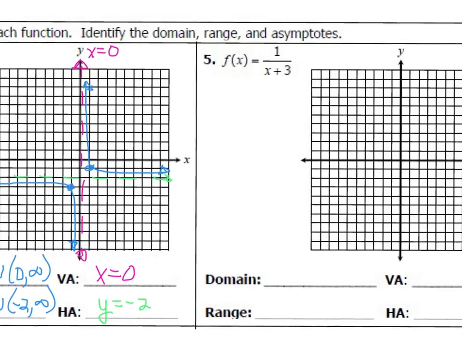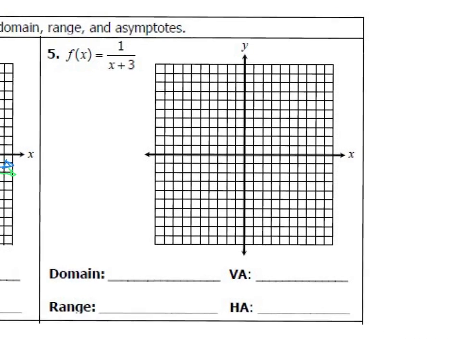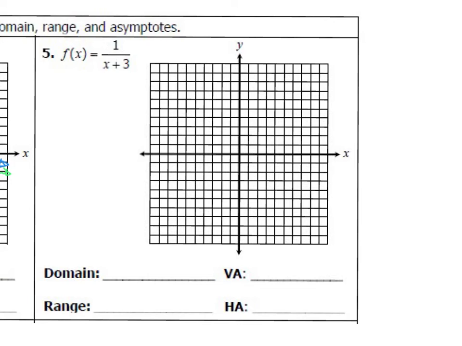So I want you to see if you can try this one on your own. If you're still shaky, you can pause the video, but if you feel confident, go ahead and figure out what you think your movements are going to be with a +3 inside the function. A +3 inside the function means that we are going to move the opposite of what we think, so we're going to move left 3.